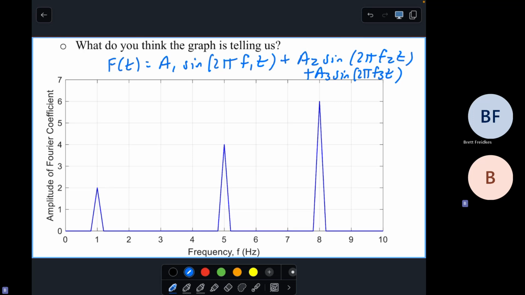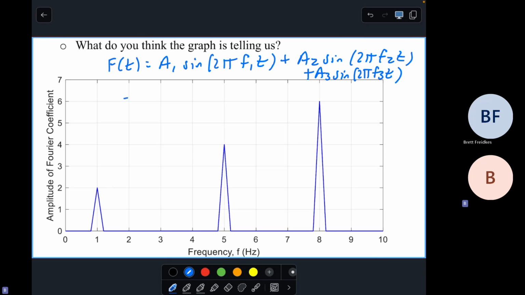So what frequencies are present inside of this sine wave, or this periodic function? 1, 5, and 8 are all present. Do we see that? 1 has a peak, 5 has a peak, 8 has a peak, and 0 everywhere else.